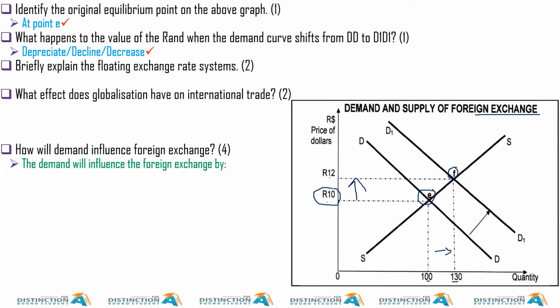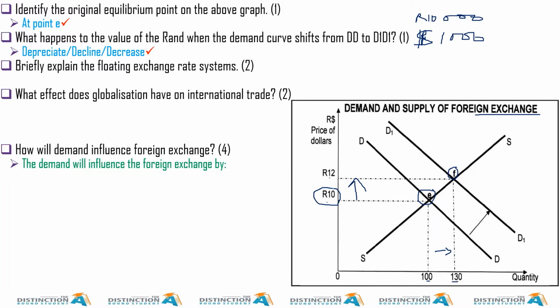Your salary is 10,000 rands. So in other words, if it's 1:10, it means that your salary in US dollars will be $1,000.